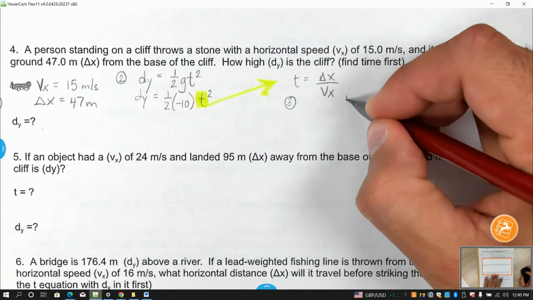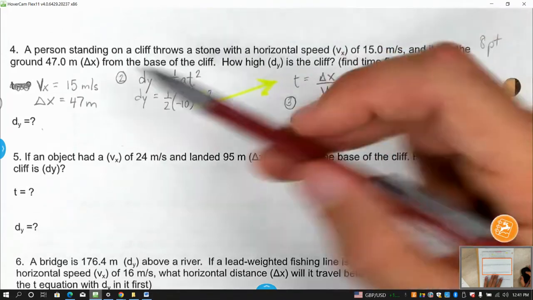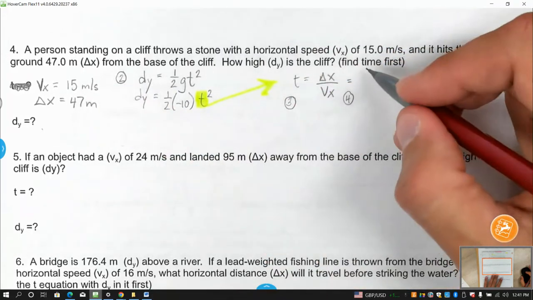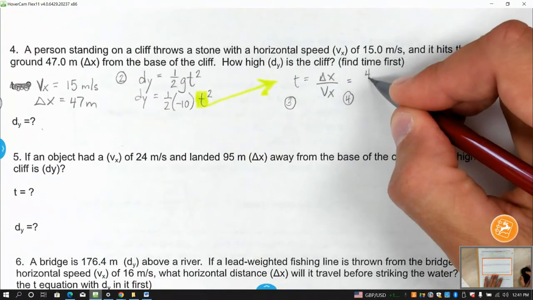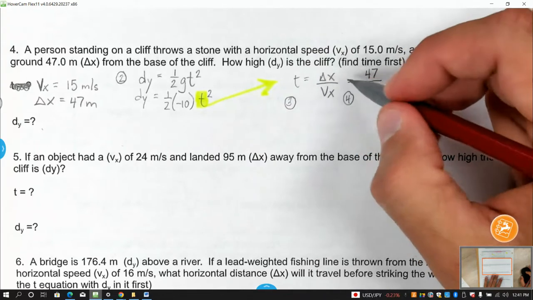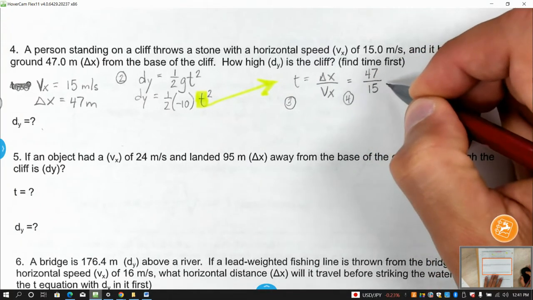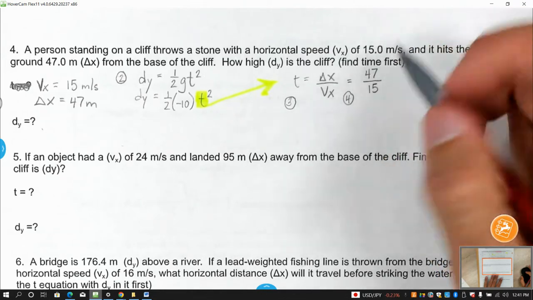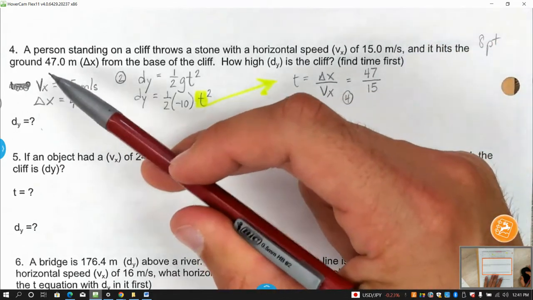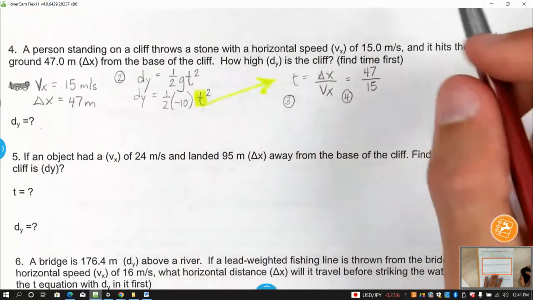Your fourth point, next step, plug in the numbers that you have. We were given a delta x of 47 and a vx of 15. Just be careful, guys, because I wrote vx first, then delta x, just because of how it appeared in the problem.